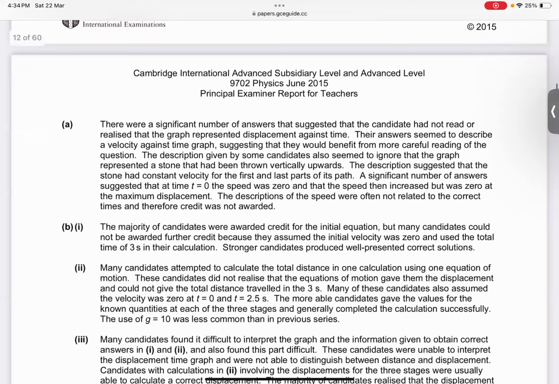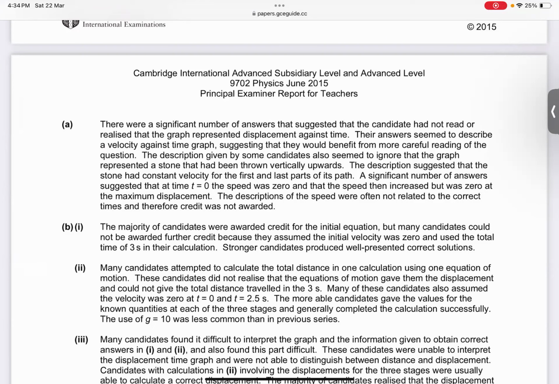यस। अच्छा जी, look. So there were a significant number of answers that suggested that the candidate had not read or realized that the graph represents displacement against time. Their answers seem to describe a velocity against time graph, suggesting that they would benefit from more careful reading of the question. Okay.